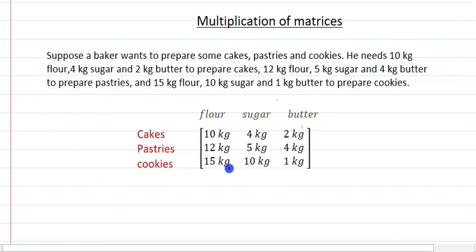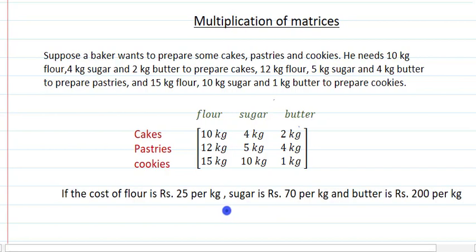Now let me add something else in this problem. Now the baker wants to find out the cost that he has to spend to prepare these cakes, pastries and cookies. For that he has the cost of flour, sugar and butter per kg.